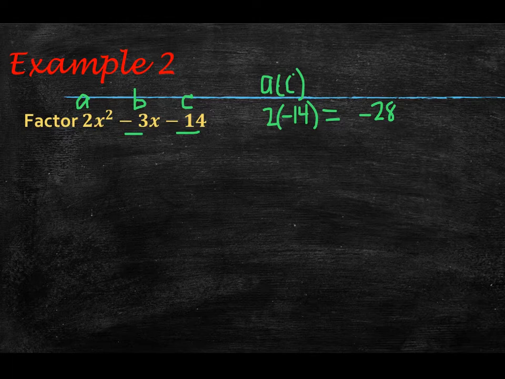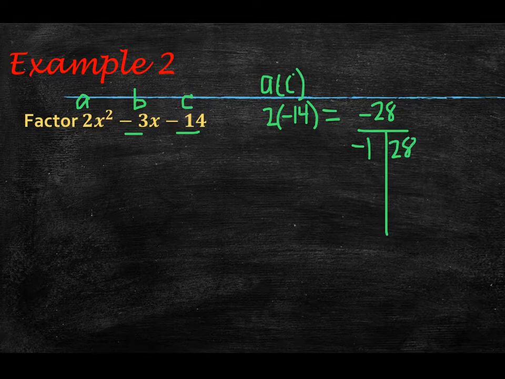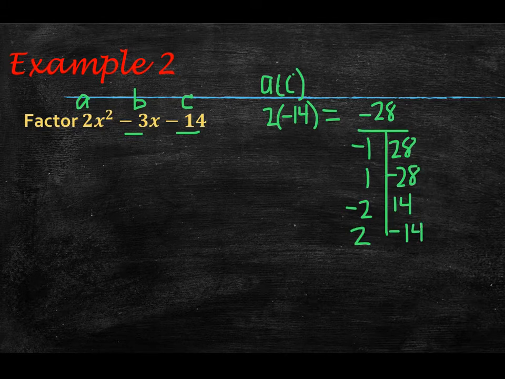So now we're taking that negative 28 and we're going to list our factors. I always start and go in numerical order, so we're going to have negative 1 times a positive 28, and then the reverse of that, we would have positive 1 and negative 28. Then we'd have negative 2 times 14 and positive 2 times negative 14. 3 does not go into 28, but 4 does.